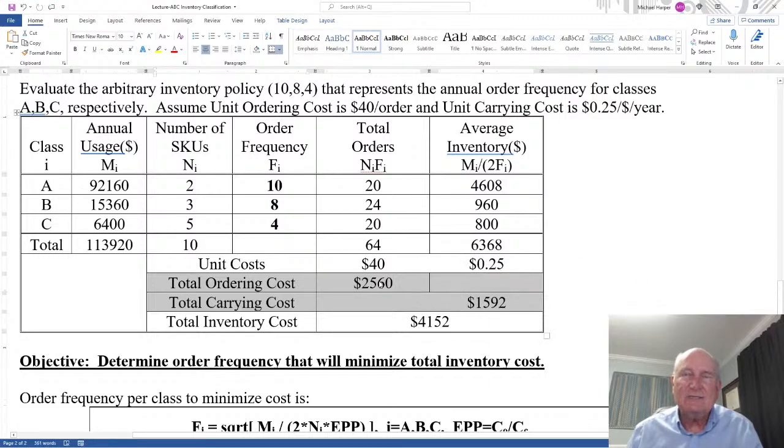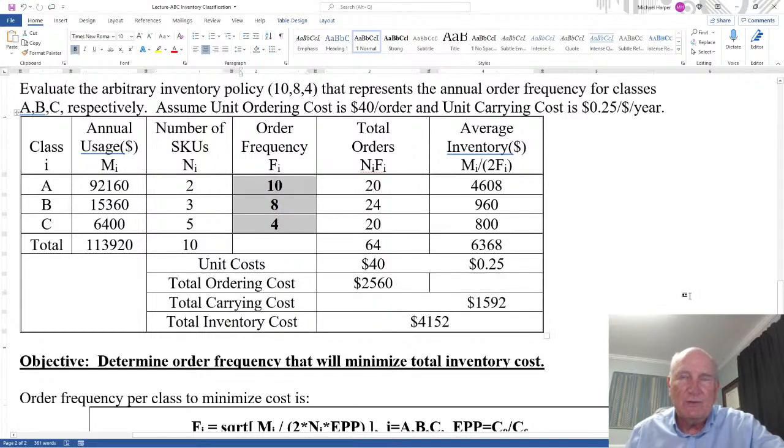Actually, the ordering cost is higher than the carrying cost. If this was optimal, these would be equal. Since they're not equal, that inventory policy is not optimal. So I'm ordering too many times. These 64 orders are too high, so this needs to be lower, and I adjust that over here in my order frequency.